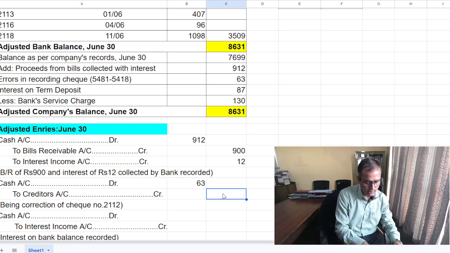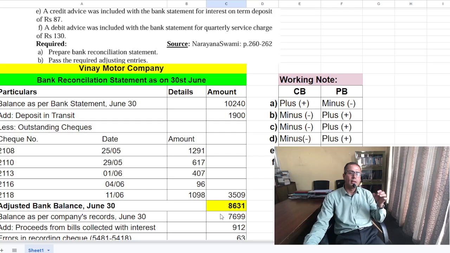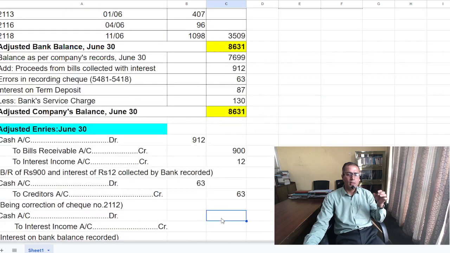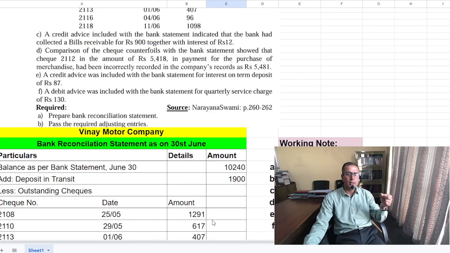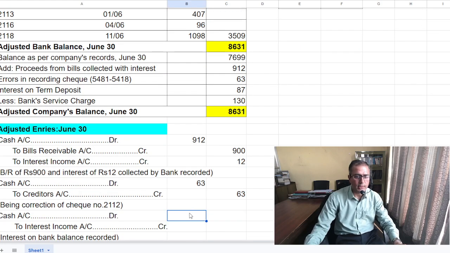Now next one is that 63. Similarly, what about the interest on term deposit? We have cash account debit to interest income, you can say here. Then what is the amount we have? The amount is 87.